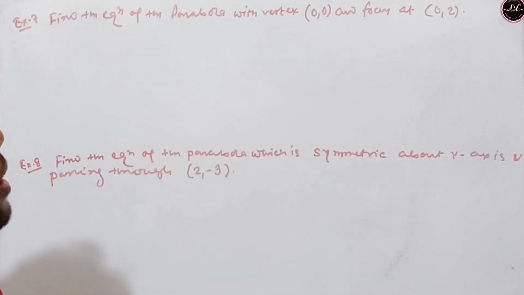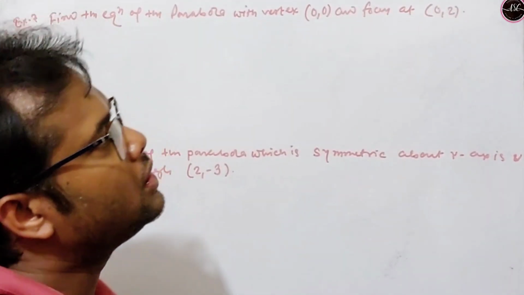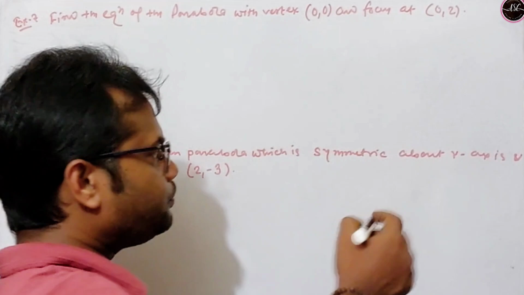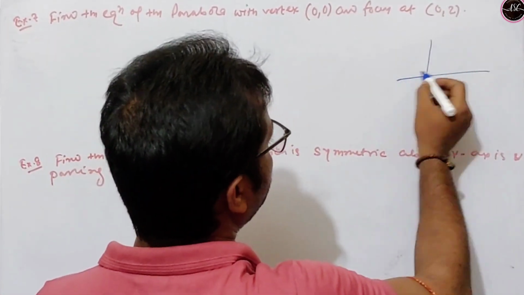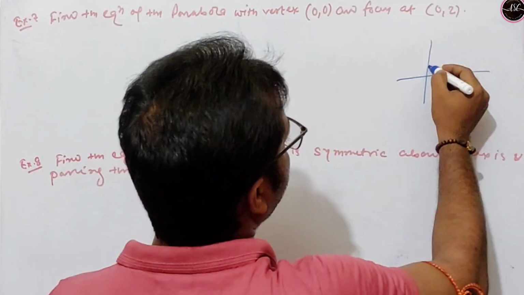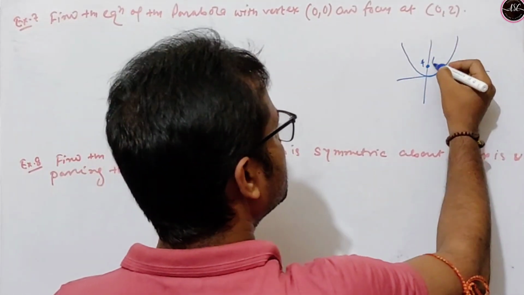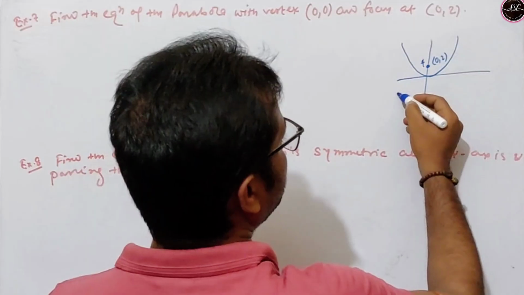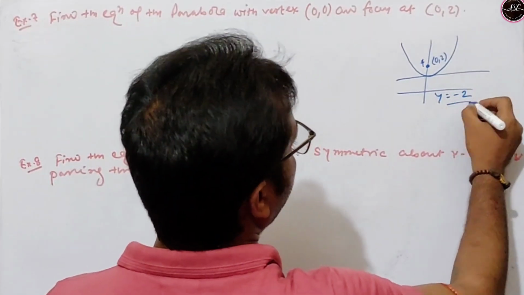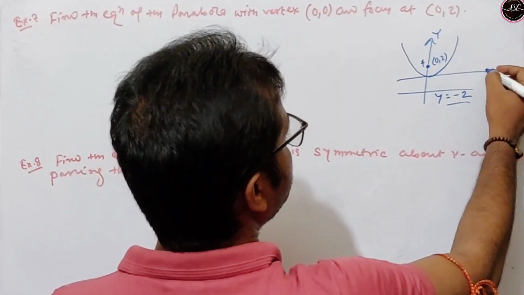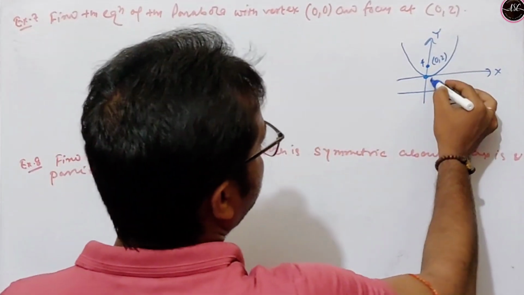Then look at this question. Find the equation of the parabola with vertex (0, 0) and focus at (0, 2). If we draw the parabola, the focus is (0, 2), and the directrix is y equal to minus 2. This is the y axis, this is the x axis, and the vertex is on the origin.